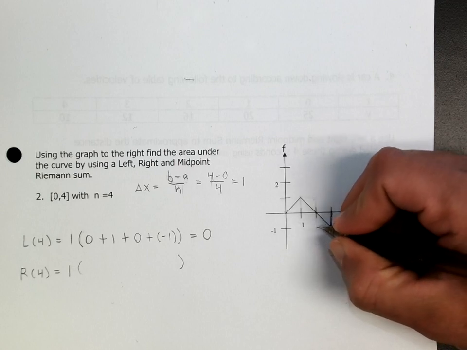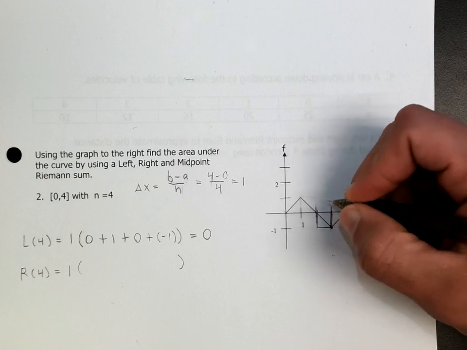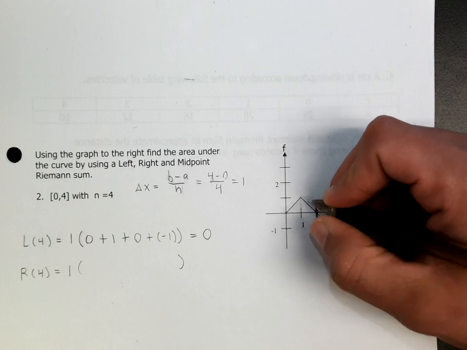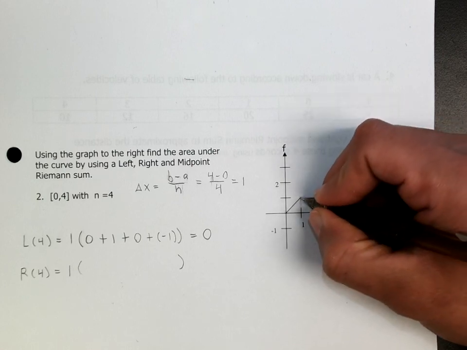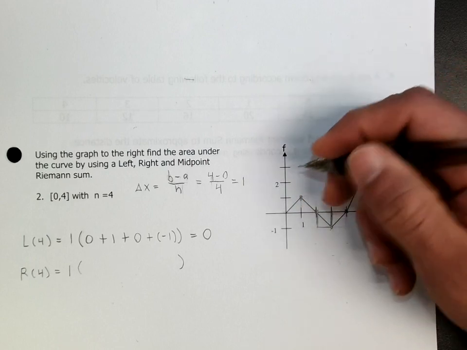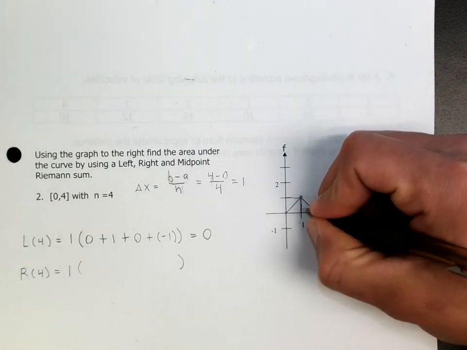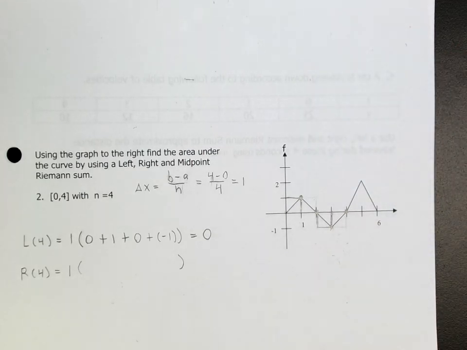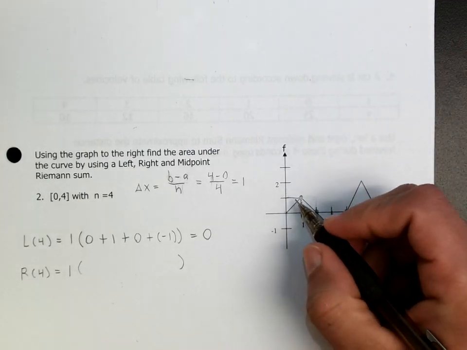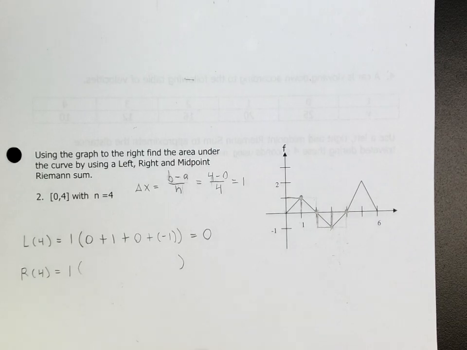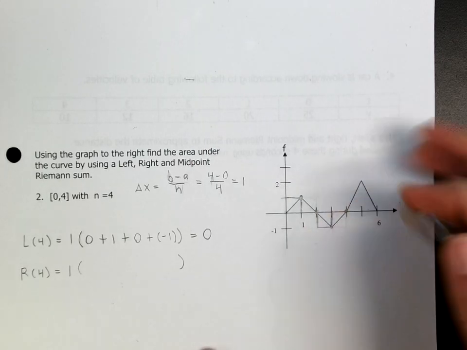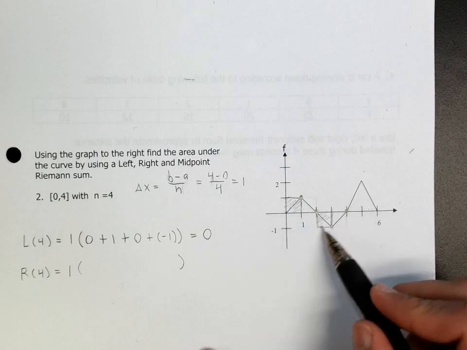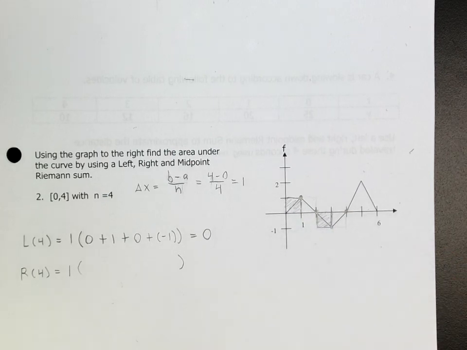The right endpoint of this one, so this one actually goes like that. So there's the right endpoint of this one, and we have another one right here. And to me that kind of takes a little bit of thinking, just because this one's a little bit strange, but notice that again I have one rectangle right here and I have another one right here, which is almost the same shapes as what I had last time.